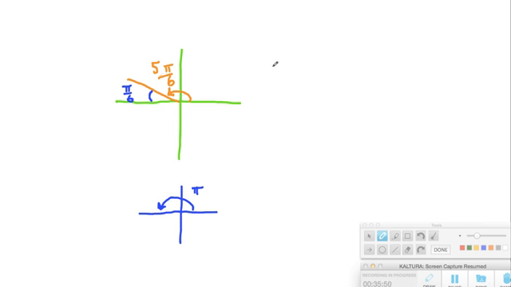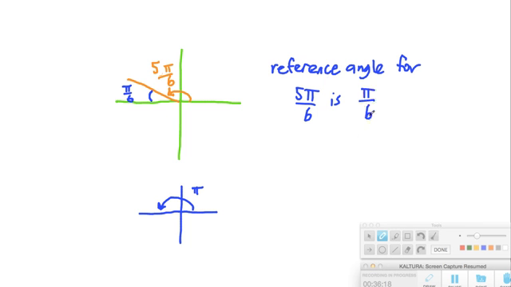Pi over 6 is called a reference angle. So basically what a reference angle is, it's the angle that would be the closest angle made with the x-axis.